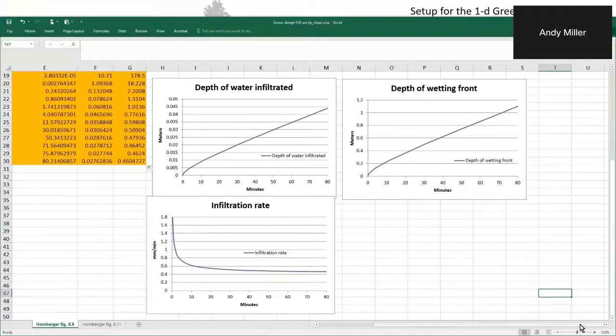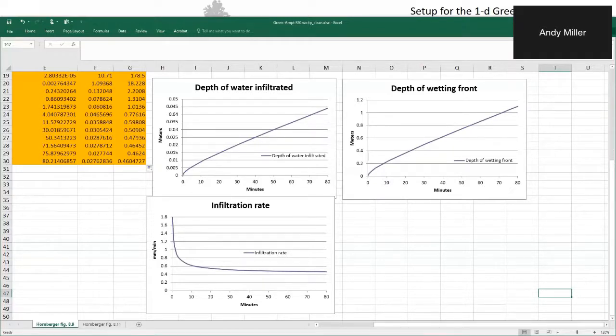You don't get that. But in any case, you see the sharp decline and then it flattens out exactly like we expected it would. So we didn't fit a negative exponential curve there. We developed a physically based simulation and we got an infiltration capacity curve, or an infiltration rate curve, that seems to match up with what we thought we were going to get.